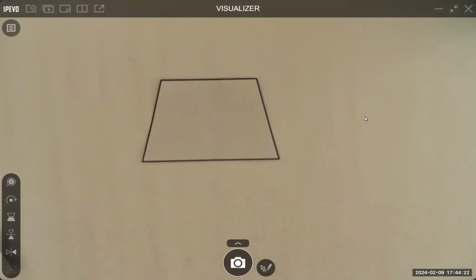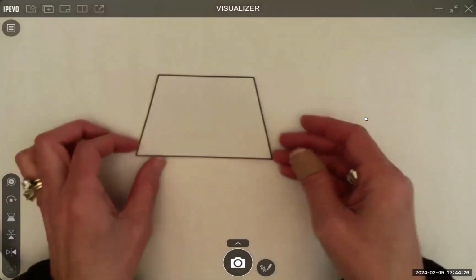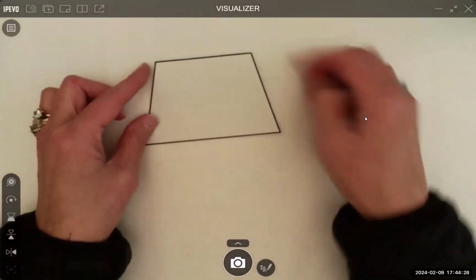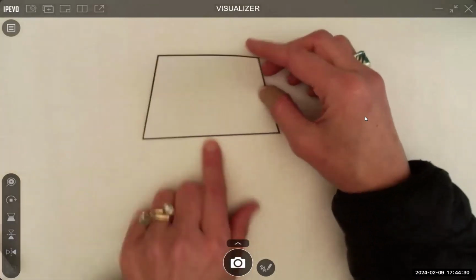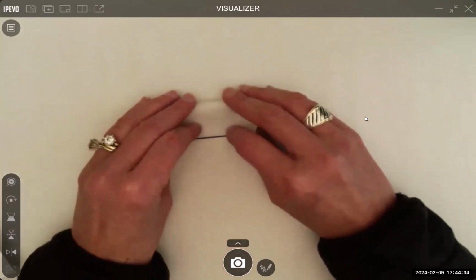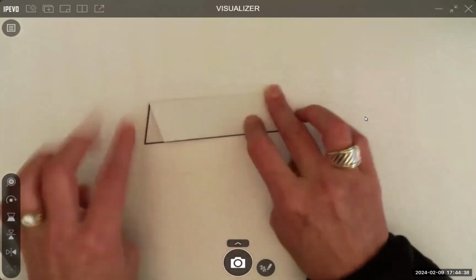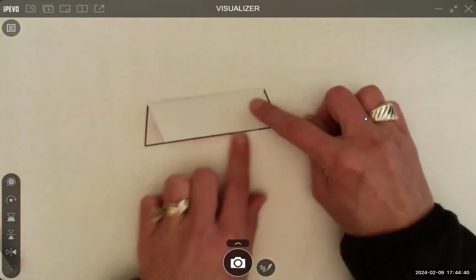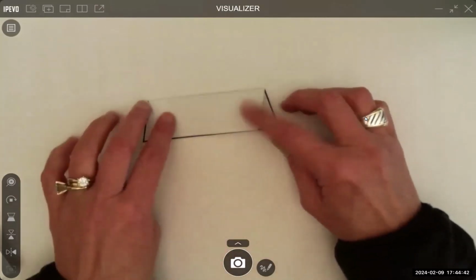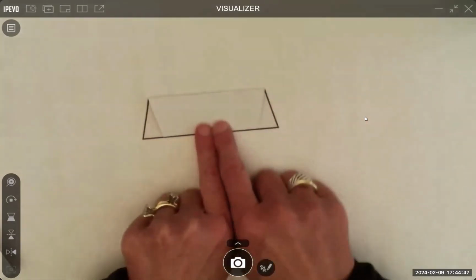Let's take a look at this trapezoid, right? I am going to fold this shape. I'm going to fold it horizontally so that the side lengths match up. And you can see they match. But what I do notice is that there is not an exact match.